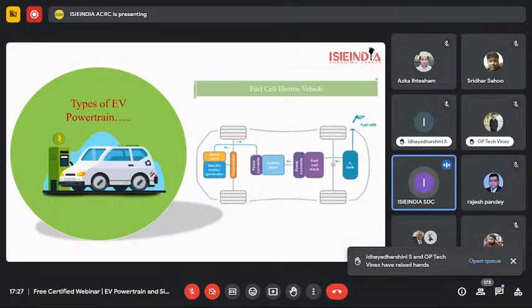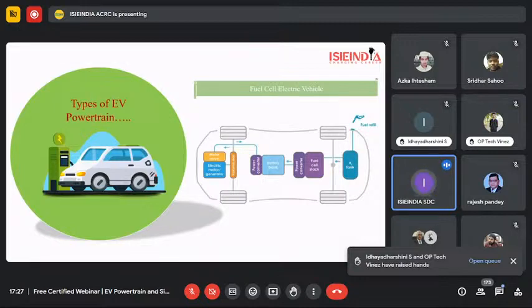Okay, so now let me explain. Talking about the fuel cell stack, it doesn't store energy, but the battery bank stores energy within itself. In a fuel cell stack, whenever there is a continuous flow of hydrogen and oxygen, there will be a continuous flow of electrical energy, and the byproduct of fuel cells is water.